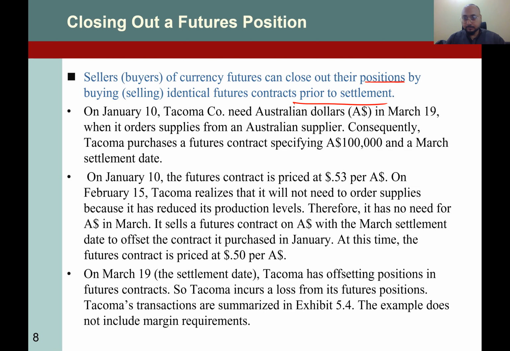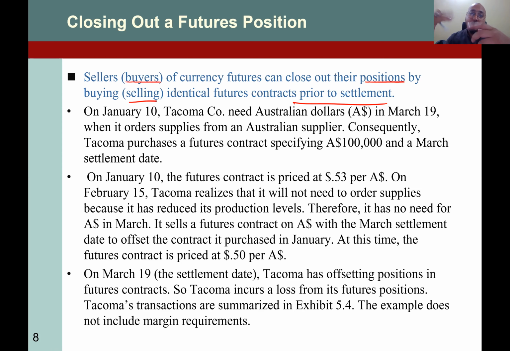So now when we read this, you understand what's going on. We can also do it in the opposite direction. The buyer of a currency future can close out their position by selling the identical future contract prior to settlement. So if you are buying, your opposite contract would be selling.